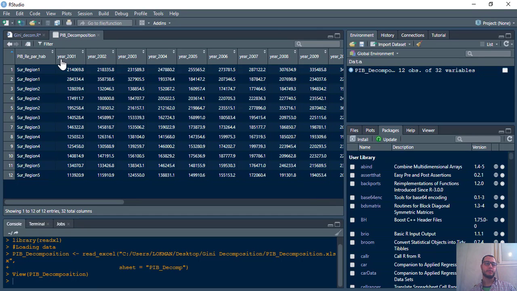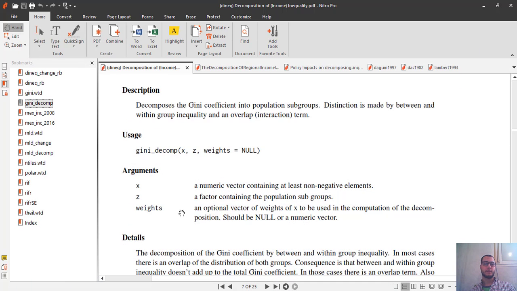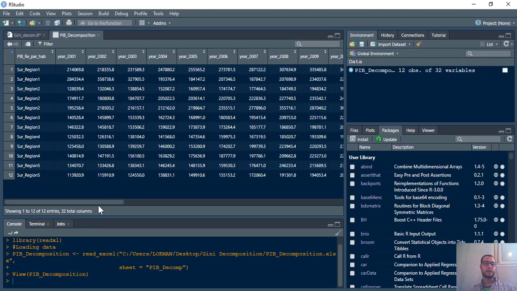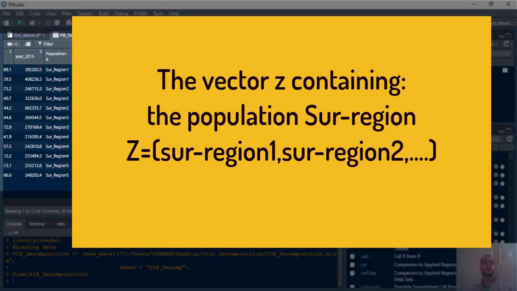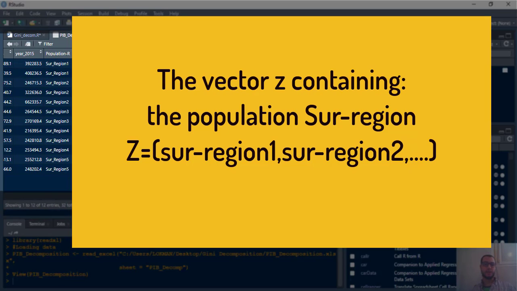For example, for the year 2001, this is the vector X that contains the regions, and a factor containing the population subgroup Z. This is Z, the population.